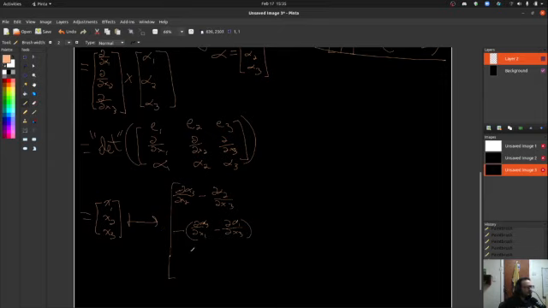And last but not least, I have E3, which is this component, times this determinant. So that's del alpha 2 del x1 minus del alpha 1 del x2. Am I right? I'm right. So this is the curl.